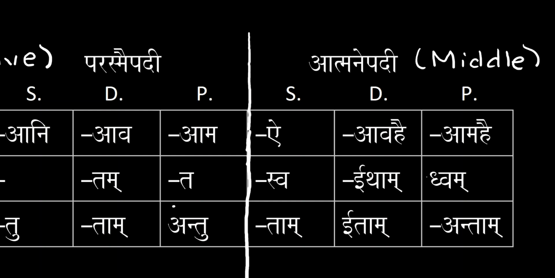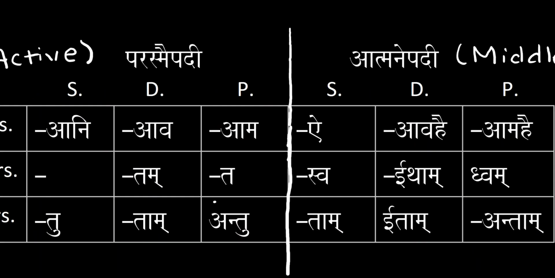And then for first person, singular, dual, and plural, we have ai, avahai, and amahai. So again, you see an here for third person plural. So you're going to want to drop that before adding a case ending because this termination begins with an already.